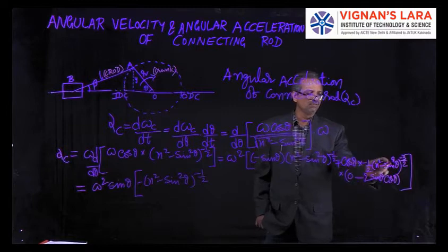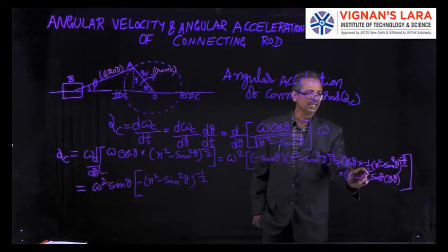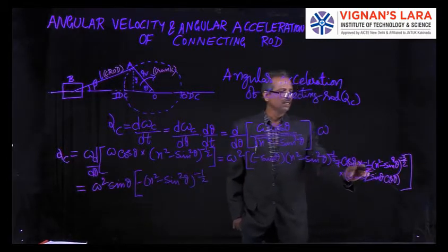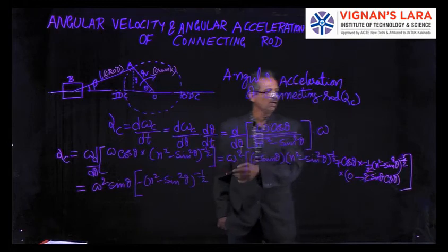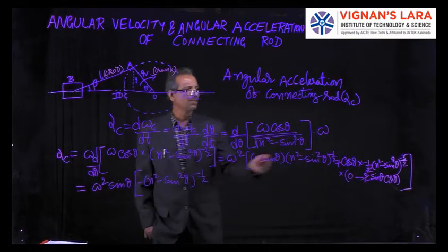So anyhow first term will become 0, then 2 get cancelled, then you have sin theta already taken out, so then what is left there?